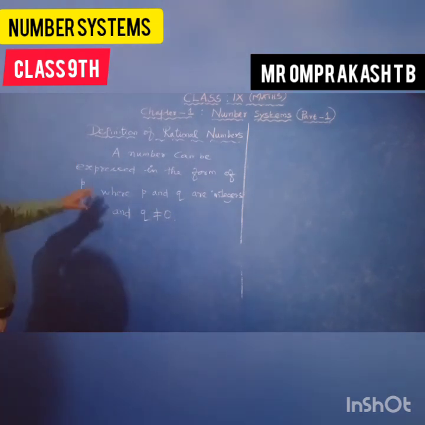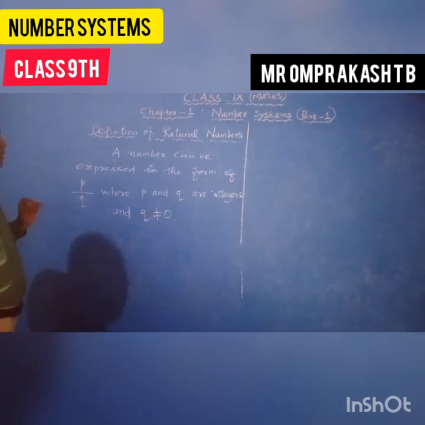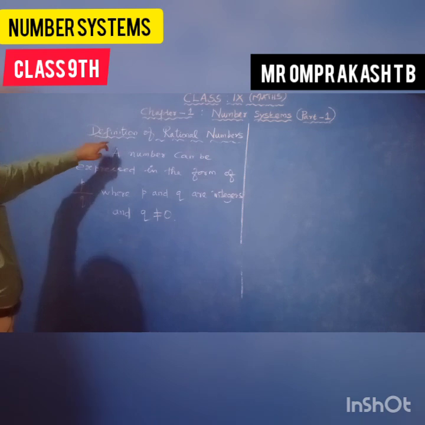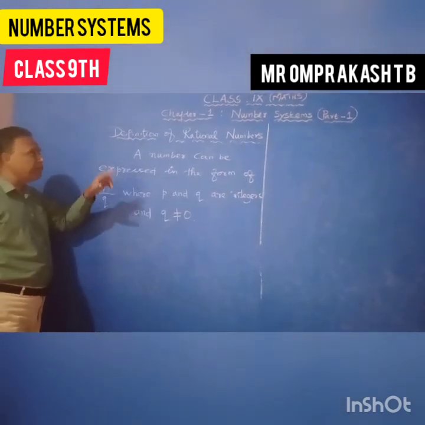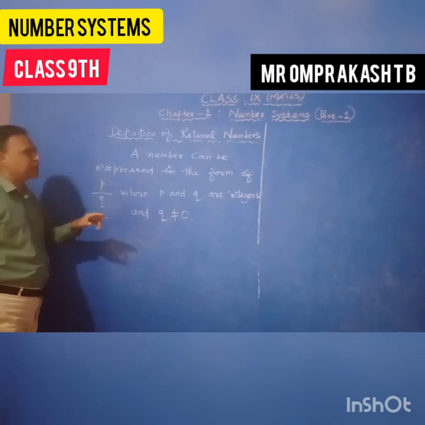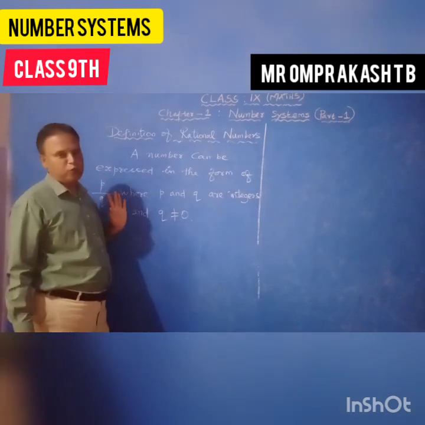So in 9th class you are going to study more about rational numbers and irrational numbers. That's why I am giving once again this definition. A rational number is a number that can be expressed in the form of P by Q, where P and Q are integers and Q not equal to 0.